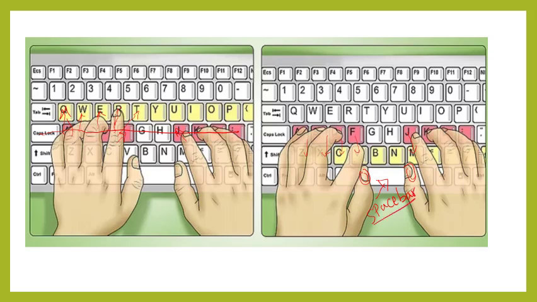So you use mostly the thumb to press the spacebar wherever you want to put a space between words. You use the thumb, either the left or the right. So you can use this left thumb or the right. This is the spacebar.